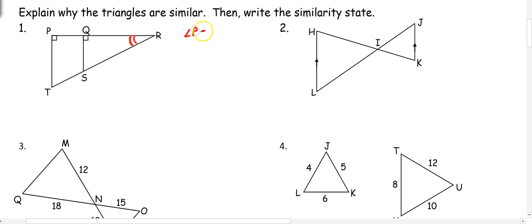So we can say that P is congruent to Q because they are both marked as right angles. Angle R is congruent to angle R by the reflexive property.